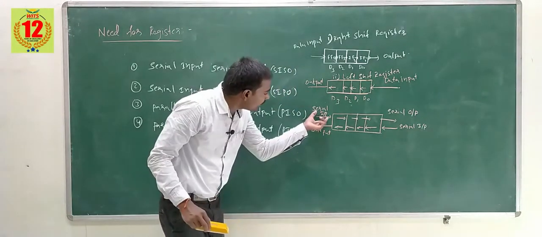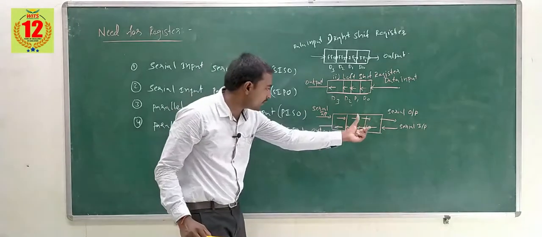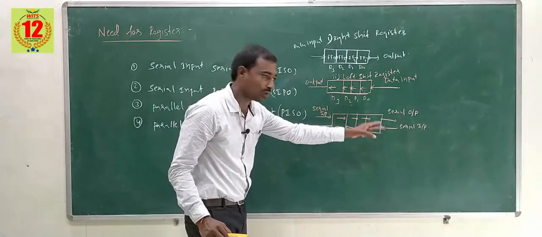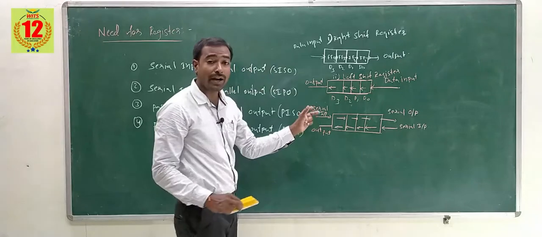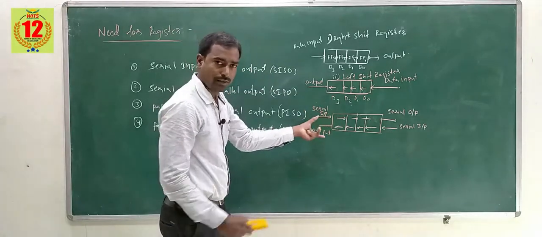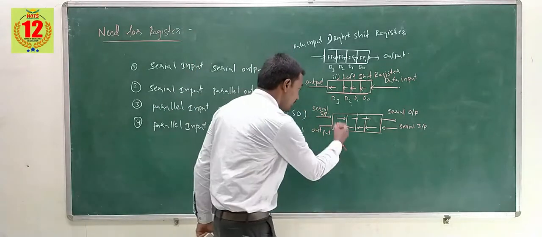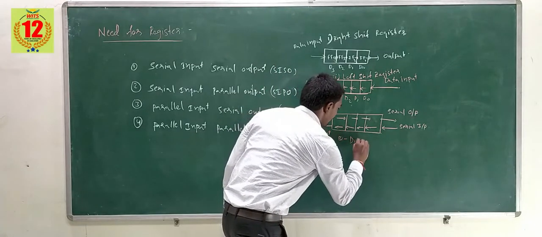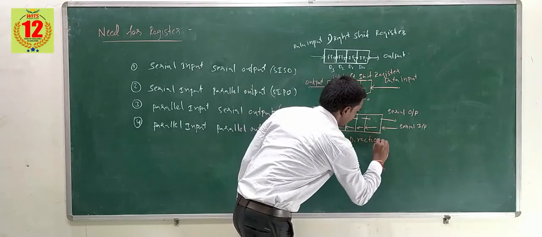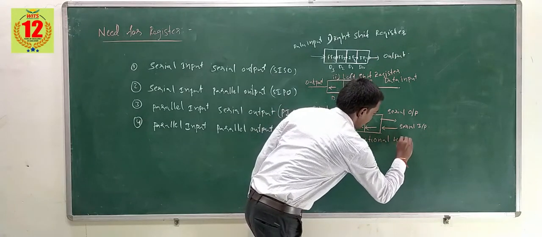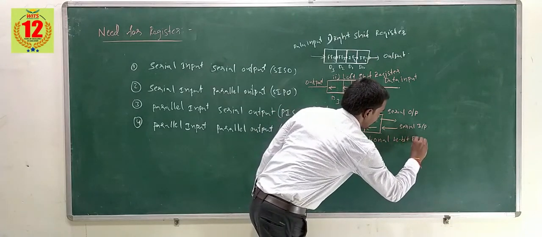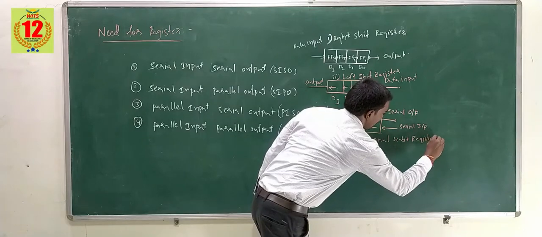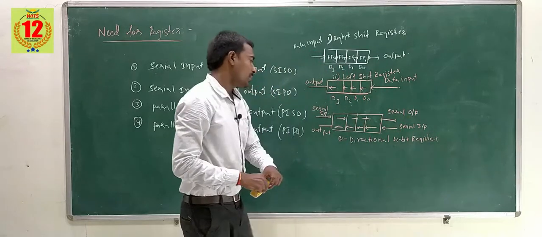So the data is shifting to the left side as well as the right side, so that's why this is called a bidirectional register, a bidirectional 4-bit register.